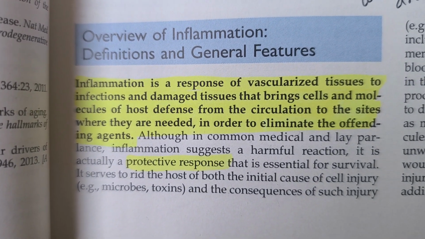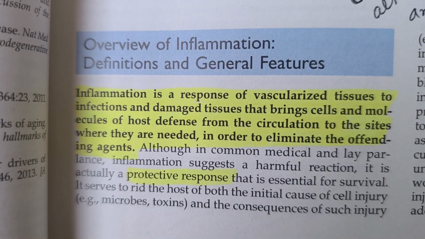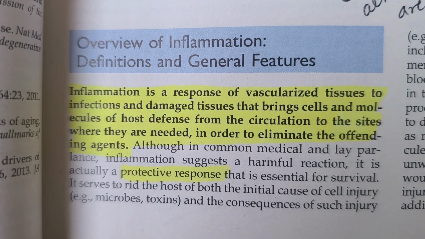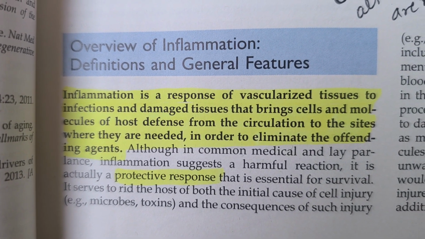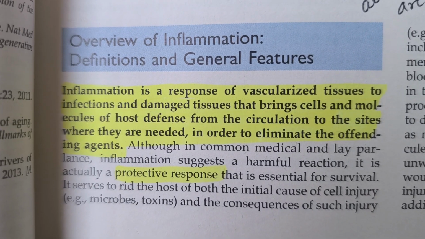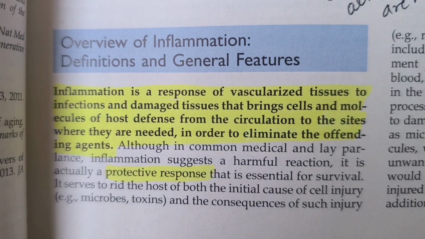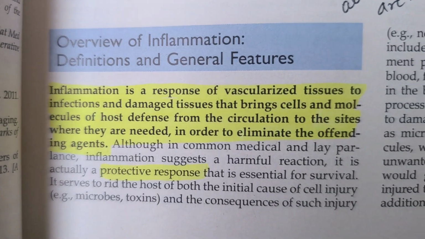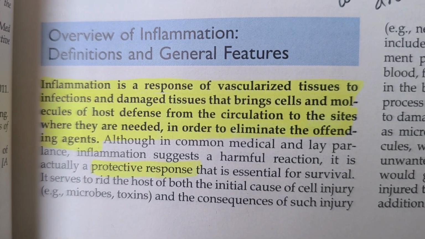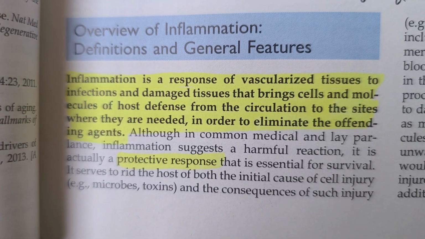Although in common medical and lay parlance inflammation suggests a harmful reaction, it is actually a protective response that is essential for survival.